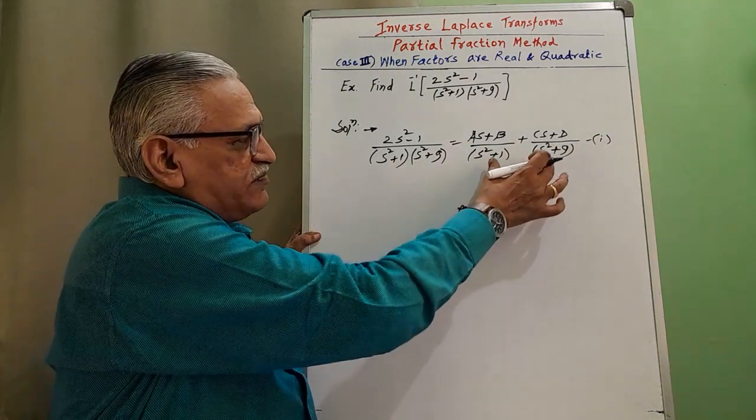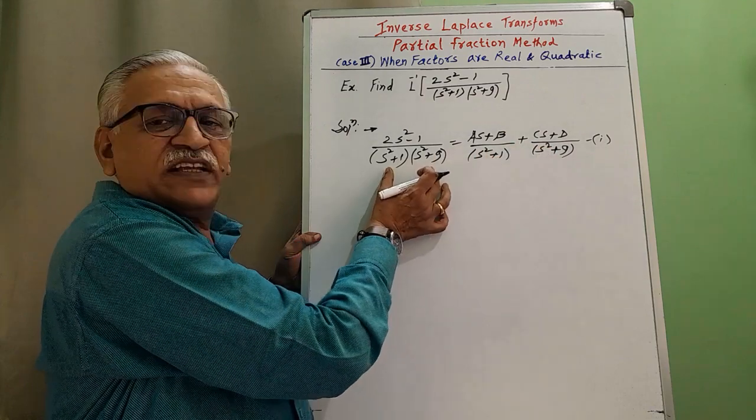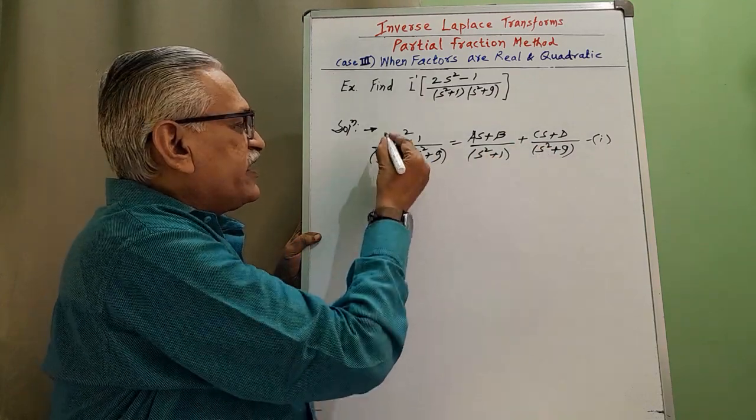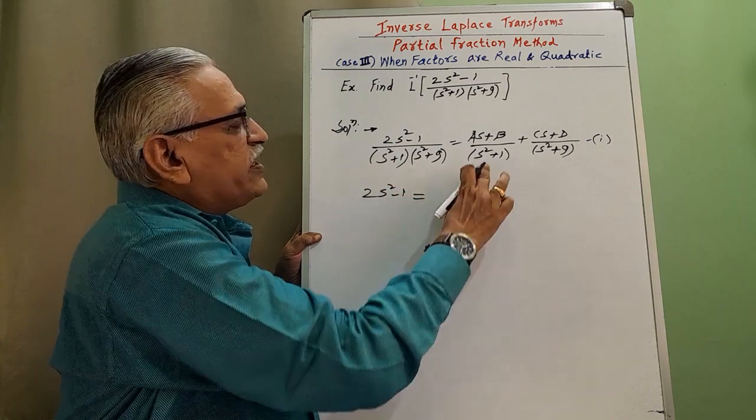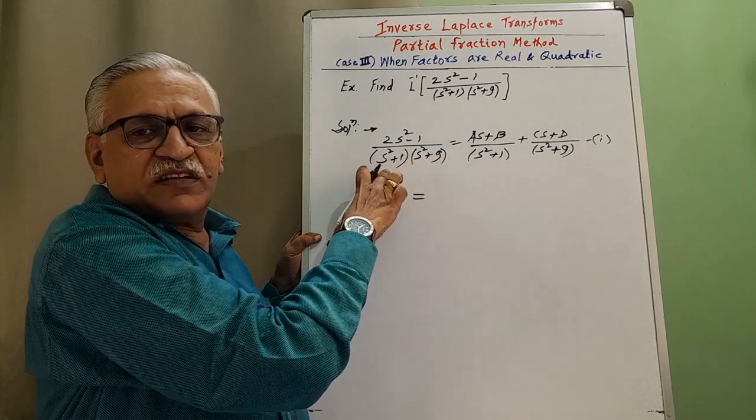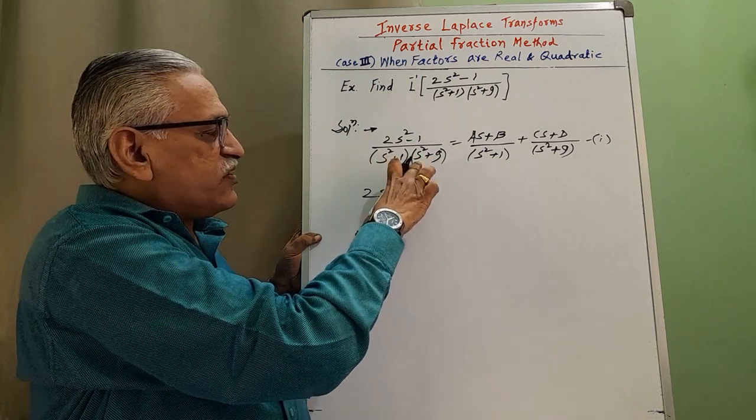Then finding the LCM, the product of these two terms is the LCM. Therefore, taking LCM, we get 2s² − 1 equals, dividing by s² + 1, this term gets cancelled, remaining is s² + 9.